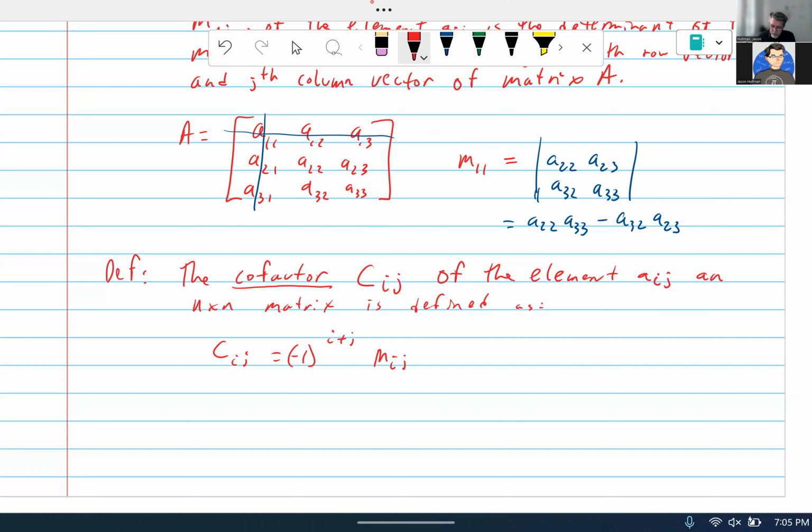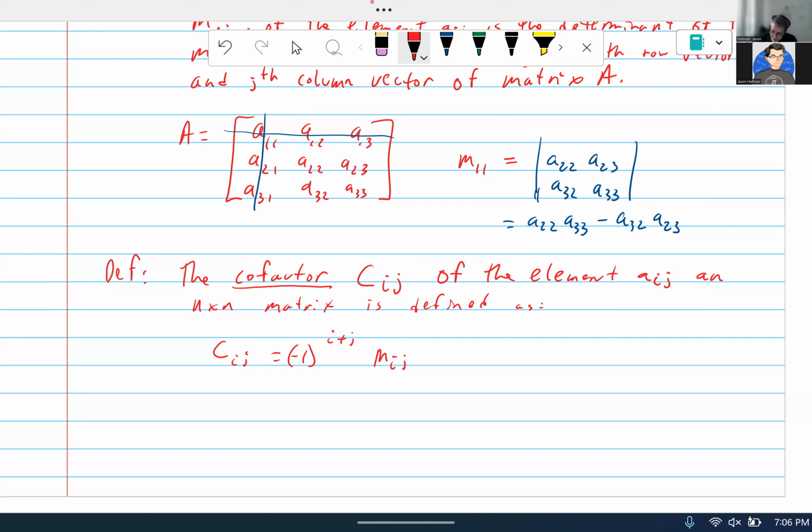Okay, so if I take i and j, and i and j are both even or both odd, then I will end up with a -1 to an even power, which will just be +1. So that'll be a positive. If one of each is even and odd, either i is even and j is odd, or j is even and i is odd, if I only have one odd number for i and j, then I get a negative.